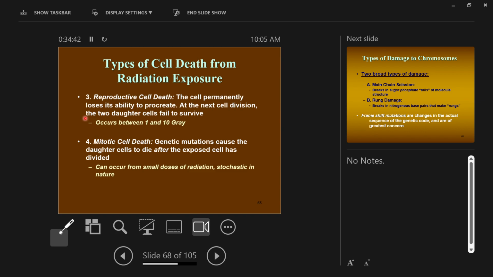So cell death at replication, mitosis. After mitosis, the next one is mitotic cell death. Genetic mutations cause the daughter cells to die after the exposed cell has divided. So surviving offspring then die quickly, instead of offspring never living to begin with.